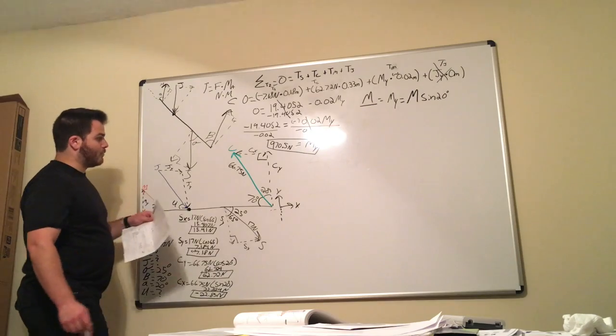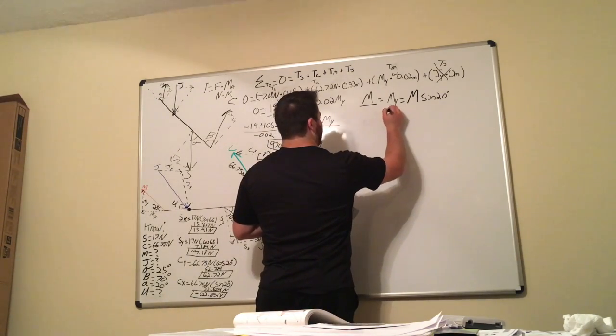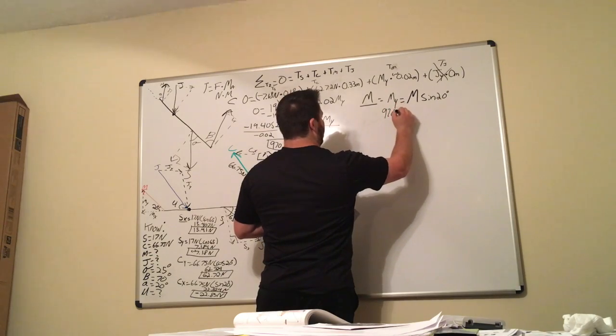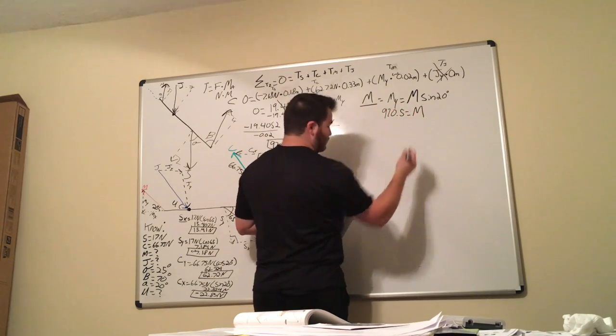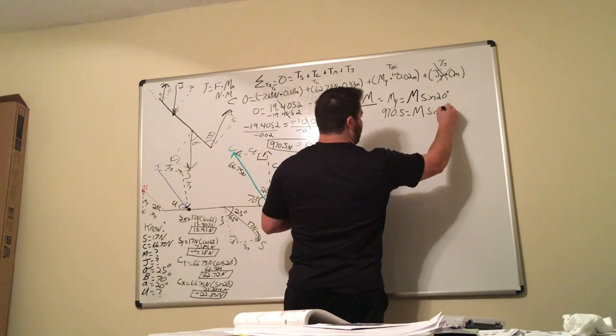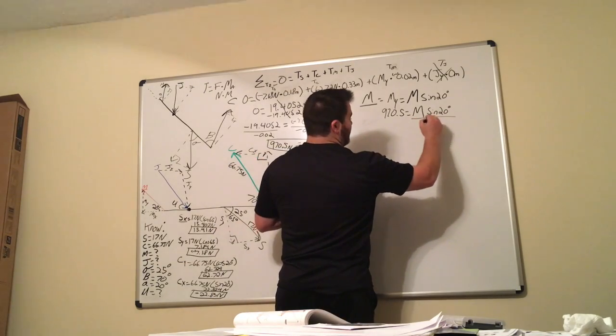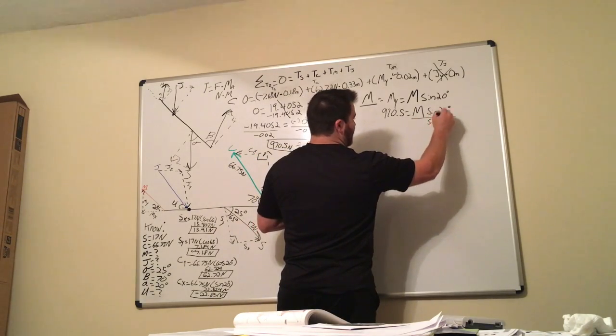So we just found our m of y to be 970.5. So 970.5 is equal to our m, which we don't know, times the sine of 20 degrees. Basic math, divide by sine of 20 on this side, that will cancel out.